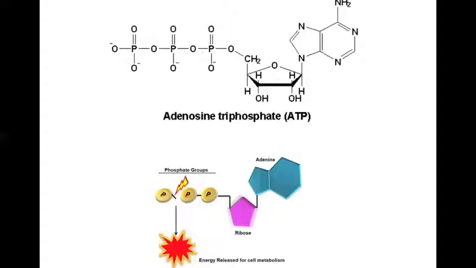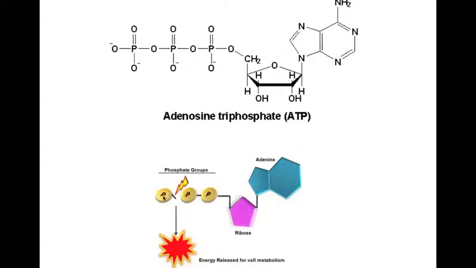And the energy in it is really between these phosphates. So this cartoon down here is a nice way of looking at it. You have this nitrogenous base and this sugar, and the whole function of this is to be able to recognize and say, hey, I'm a molecule carrying these high energy groups on the other end here. If you bind to me, I can provide the energy for your reaction.